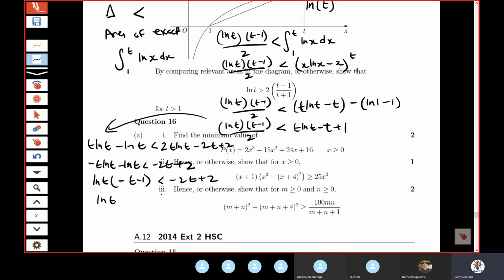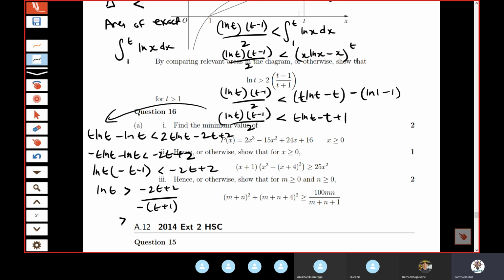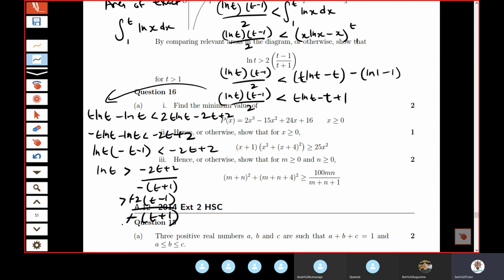Log t, you're dividing by negative, so that's bigger than negative 2t plus t on negative, open bracket, t plus 1. Factorize the negative 2. We're almost there. T minus 1 on t plus 1, and then the negative and the negative cancels out, and then you're done.